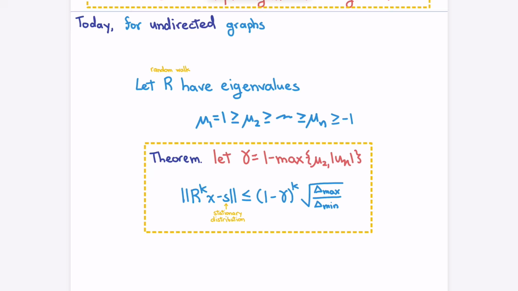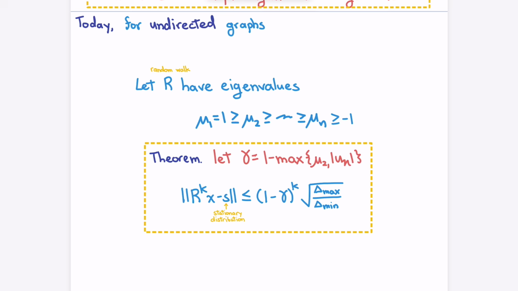This theorem is saying, if I start at any distribution x and I apply a random walk a bunch of times, and S is representing my stationary distribution, and this is like the L2 norm. So on the left, I'm saying, look, after I take k steps, how far am I from the stationary distribution? Last week, we only showed there exists a stationary distribution.